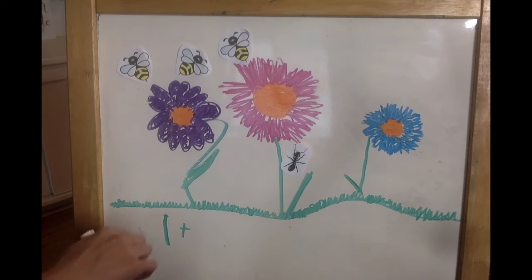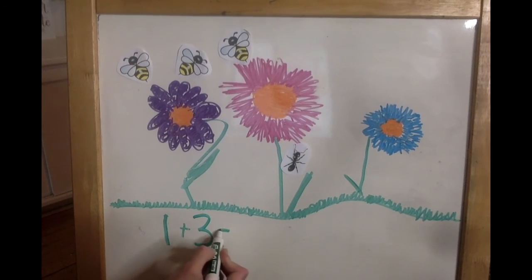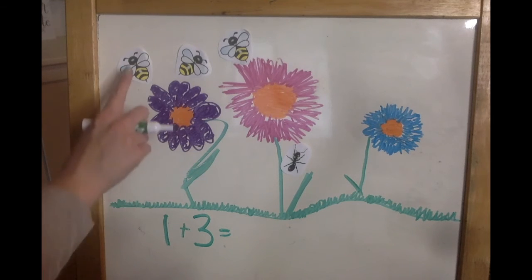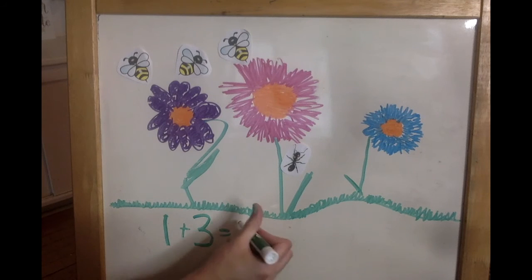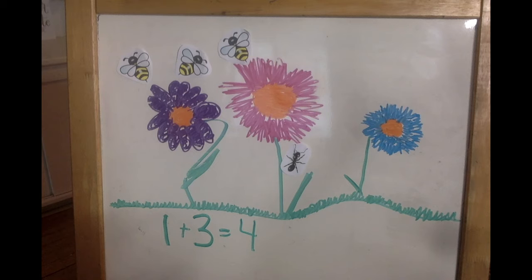So we have 1 ant plus 3 bees. How many bugs are in our garden now? Did you guess 4? 1, 2, 3, 4. That's right. There are 4 bugs in our garden now.